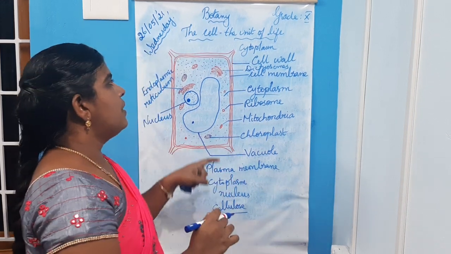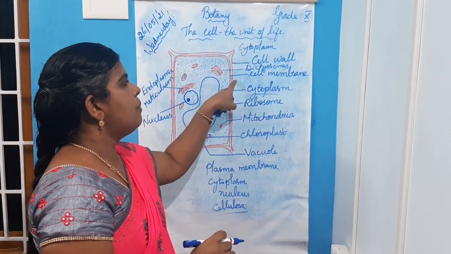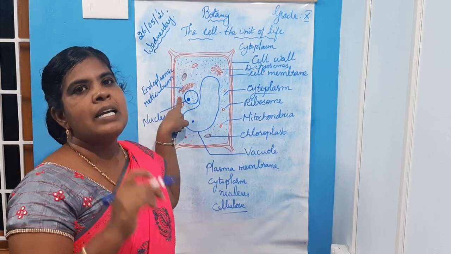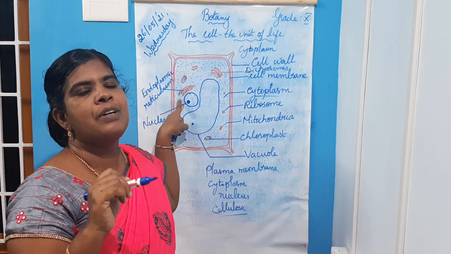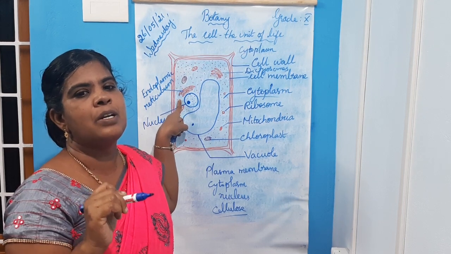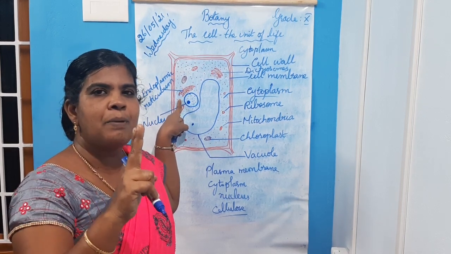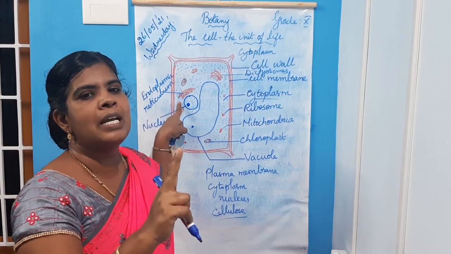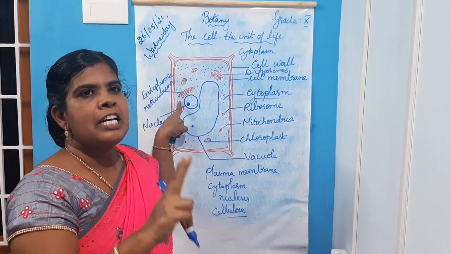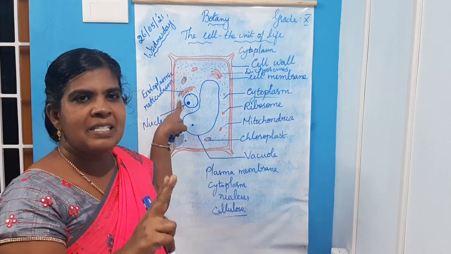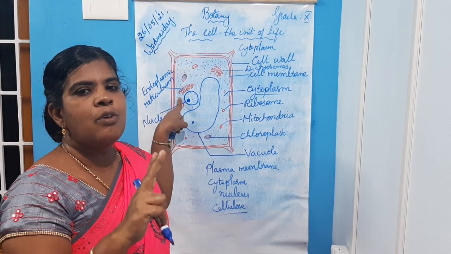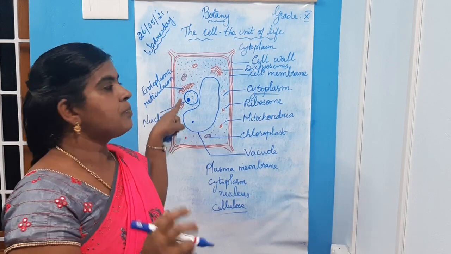So you all know the function of the cell wall, then the cell membrane, then about the endoplasmic reticulum. There are two types of endoplasmic reticulum: rough endoplasmic reticulum and smooth endoplasmic reticulum. Rough endoplasmic reticulum has the organelle ribosome, which is involved in protein synthesis.